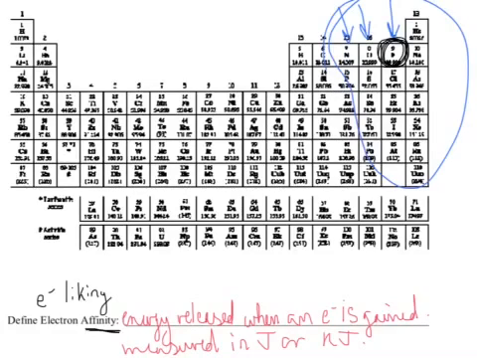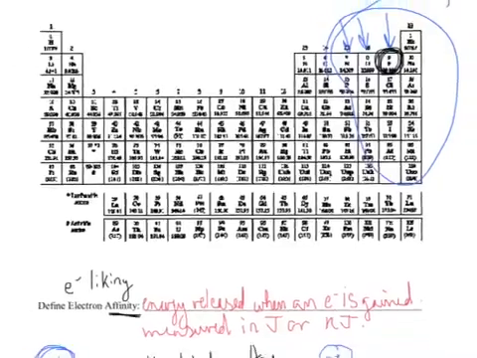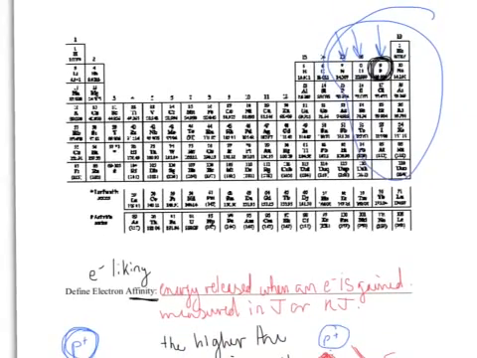Now I don't know if you remember from the day before when we were talking about metals, francium is the most reactive metal. So this is the most reactive metal. This one is the most reactive nonmetal.